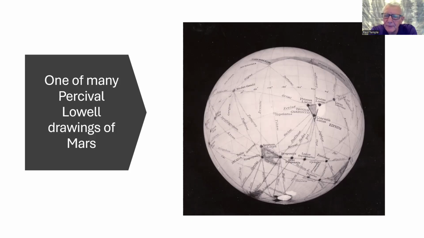He would argue about that with just about anybody that would write him a letter about it. The ones that used the full aperture of the telescopes never saw the canals. So it was probably the smaller resolution and the mind filling in the details that gave these canals.